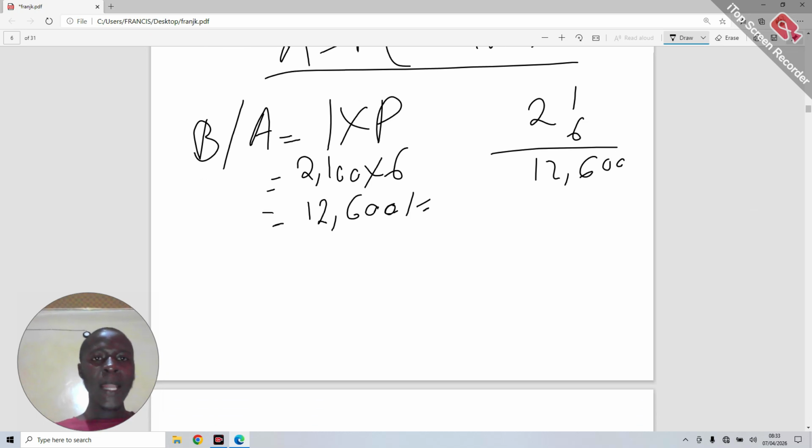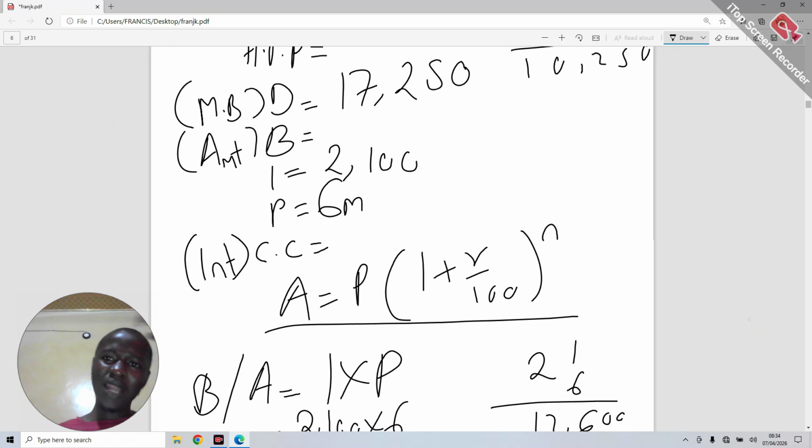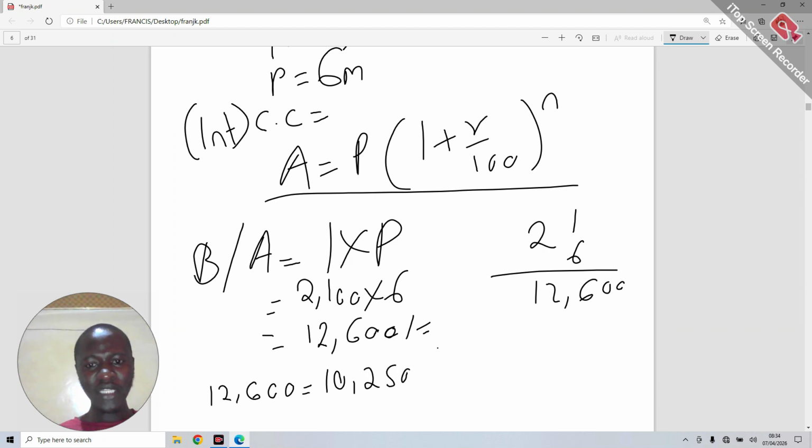So let us substitute back with the formula. We have amount, which is the same as balance. So 12,600 is equal to principal. Our principal is 10,250, into bracket 1 plus, they want us to get rate, so that is rate all over 100.